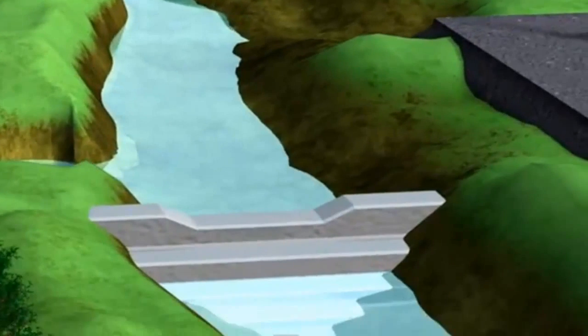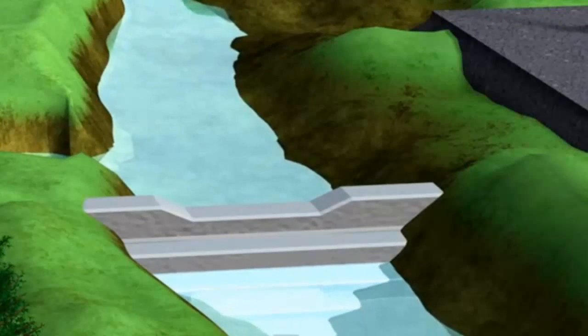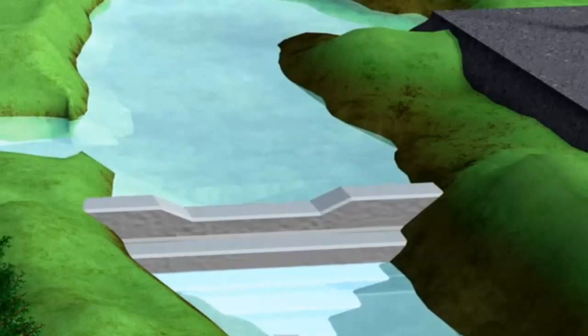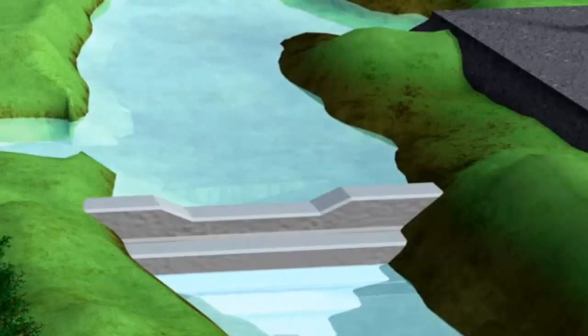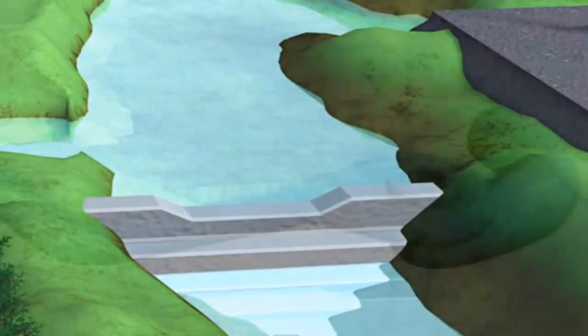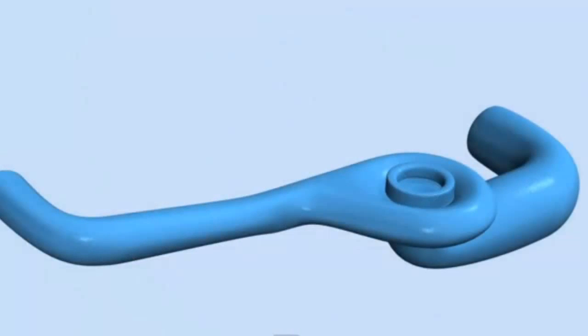This is often referred to as a pondage. The bigger the height difference between one side of the weir and the other side, the higher the energy stored. This is also known as gravitational potential energy, GPE. The stored water passes through an underground pipe system.